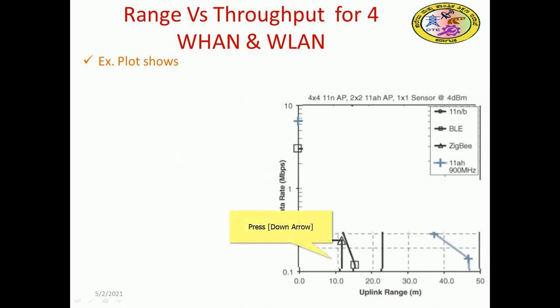Initially we can see the triangular shape, that is Zigbee. Zigbee has a high data transfer rate, and afterwards as the distance increases, it suddenly falls, right? So that the slope becomes 0.